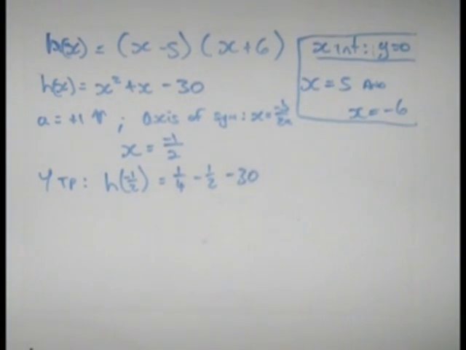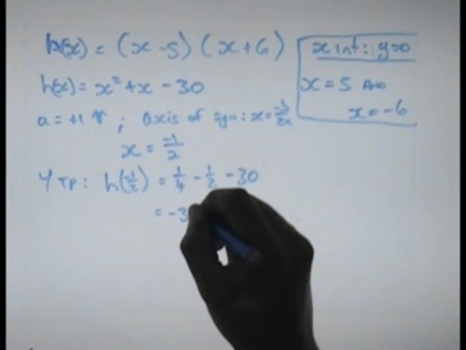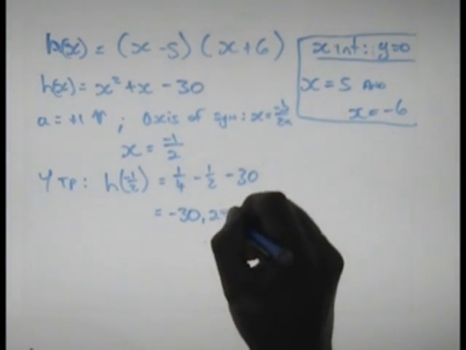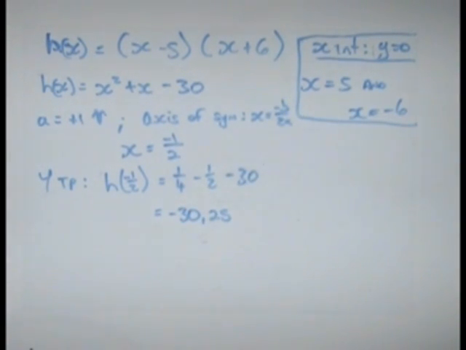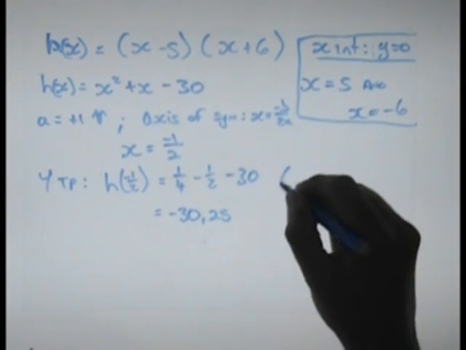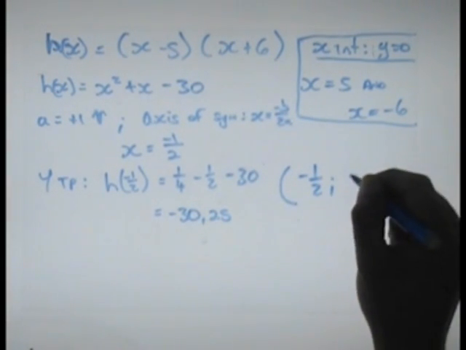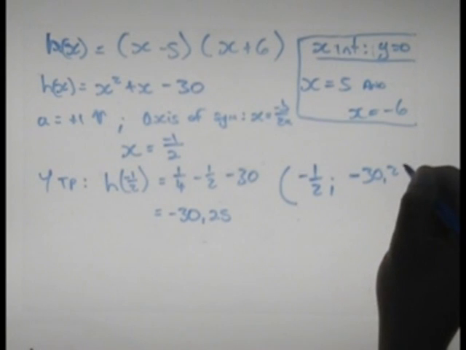Again, you can just plug this into a calculator. 1 over 4 minus 1 over 2 minus 30 gives me an answer of negative 30.25. That is my y value. That means my turning point has the coordinates negative 1 over 2 and negative 30.25.